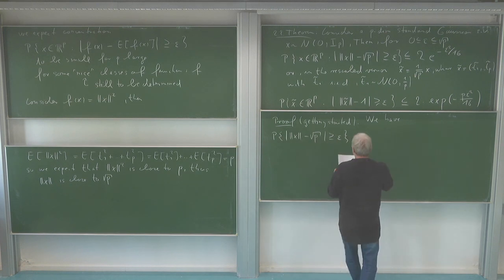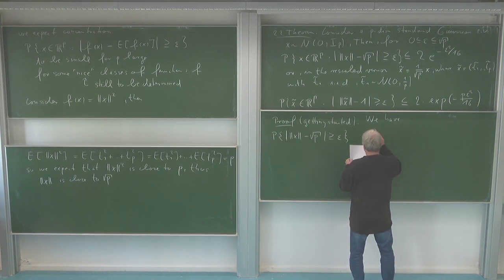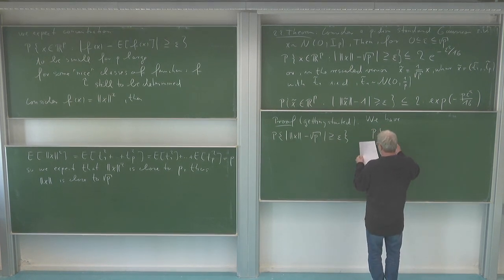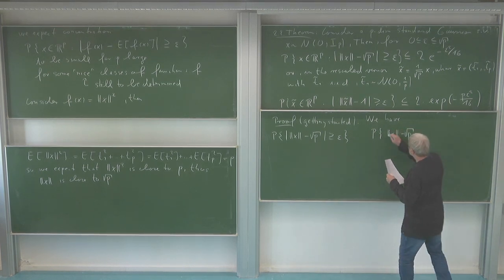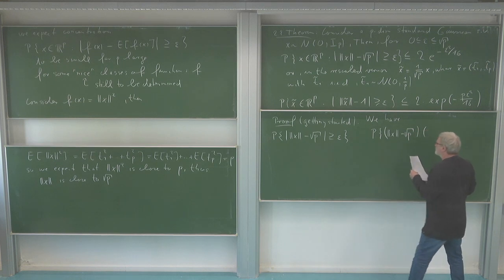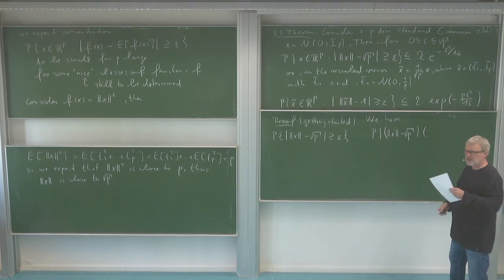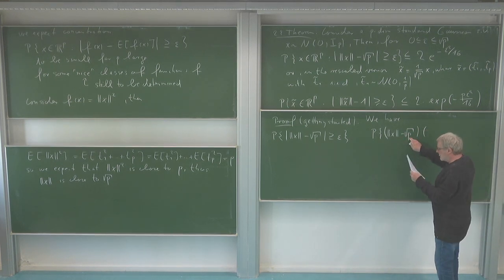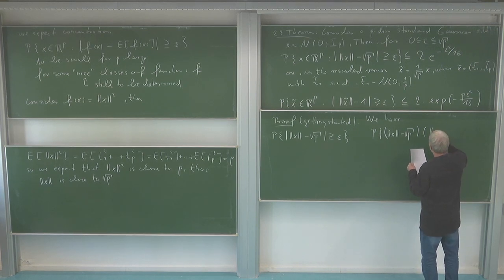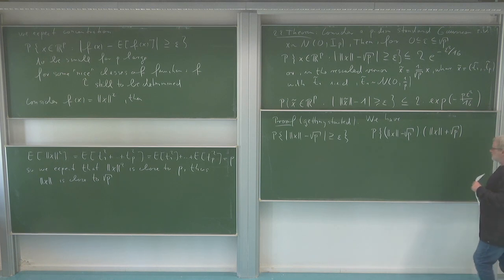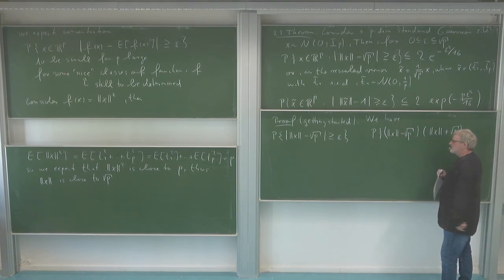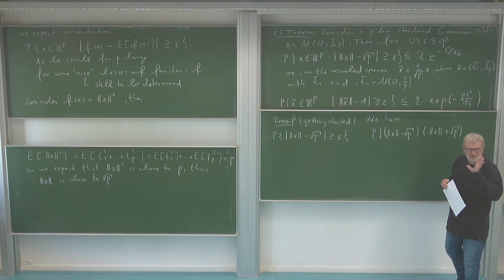And I can estimate those guys. So let me write down the probability of the situation when I'm looking at the norm of x minus square root of p. That's something which is hard to deal with. So I want to take the square of those guys, and I can do this by multiplying this with the norm of x plus the square root of p. If I multiply this, I will get norm of x squared minus p, which is the easiest thing.